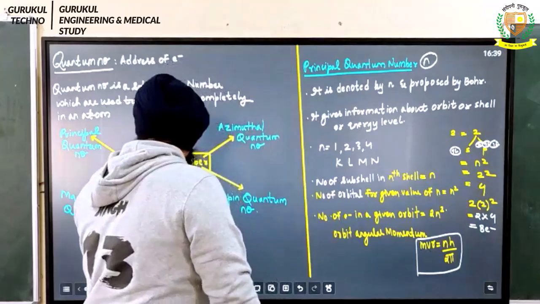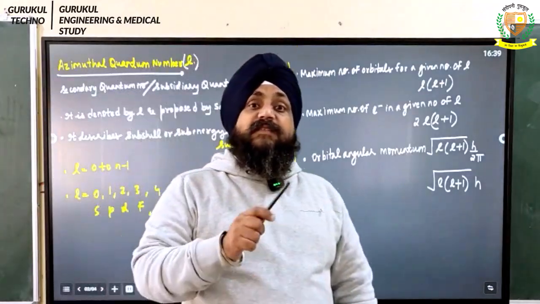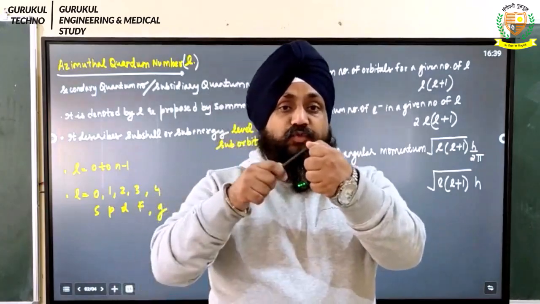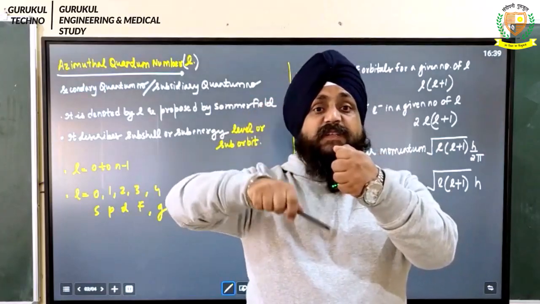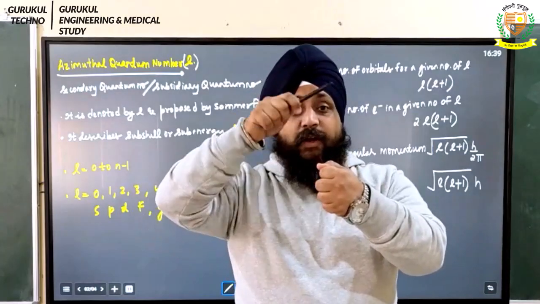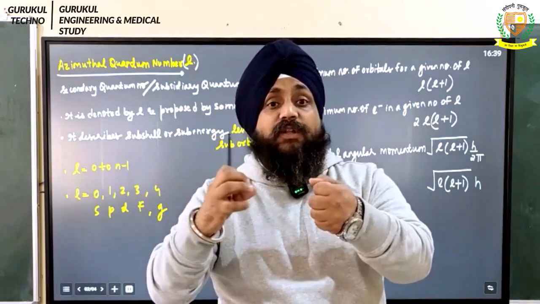Okay, now let us proceed toward another quantum number, which is the azimuthal quantum number. First we said there is a nucleus, and electrons are revolving around the nucleus in some orbit. In an orbit there are some places where electrons are present.